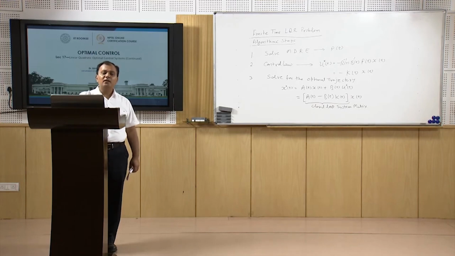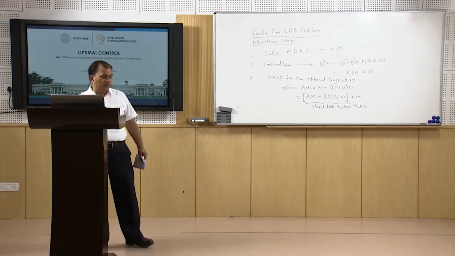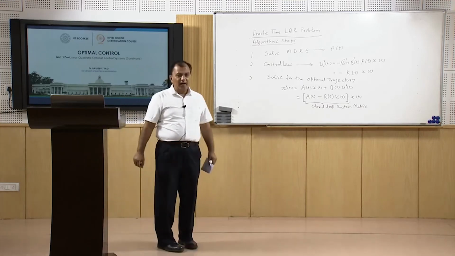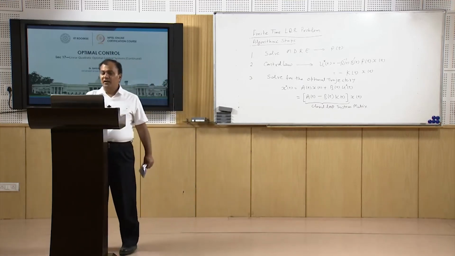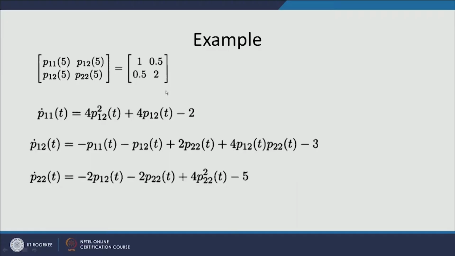As we have seen in the previous lecture, for a first order system we can easily solve manually my Riccati equation, but in the other example we have seen, if my system is of the second order, then I will get 3 non-linear differential equations, and these 3 non-linear differential equations have to be solved with the final condition given as my PTF equal to f of TF. I know P11, P22, P12, these 3 parameters I have to find.